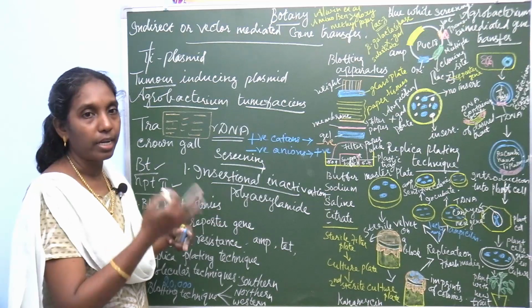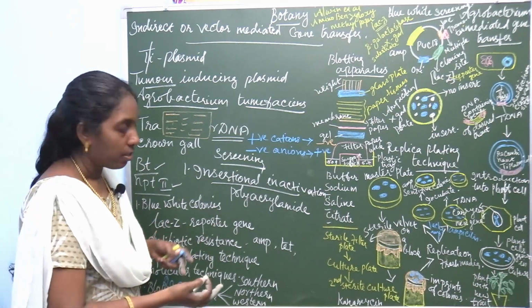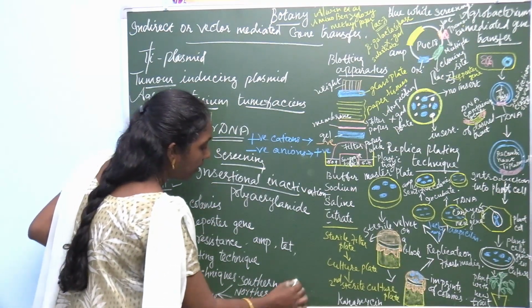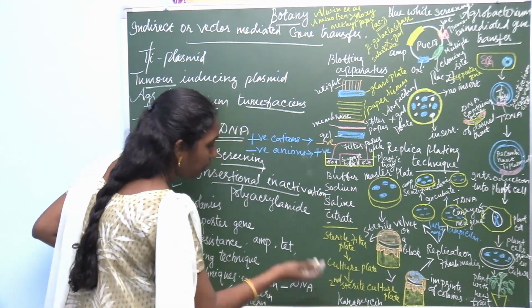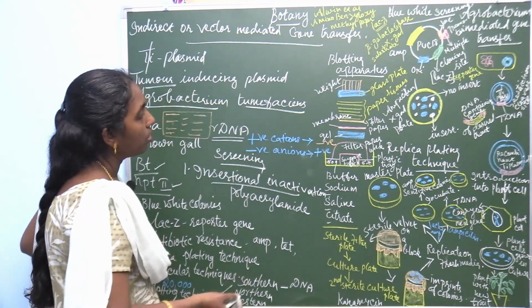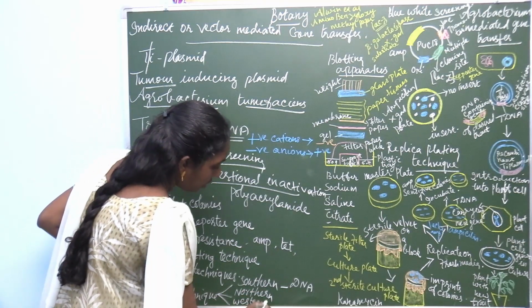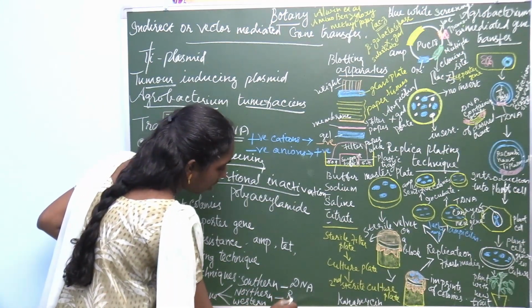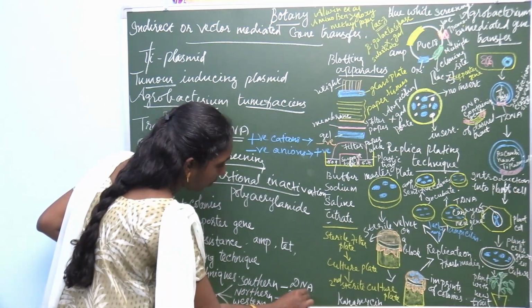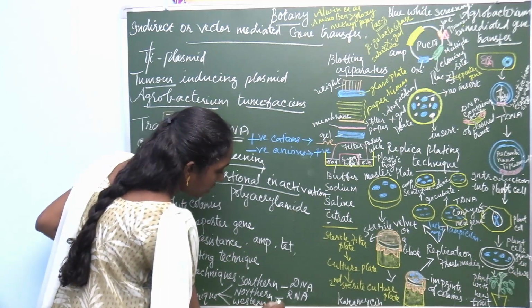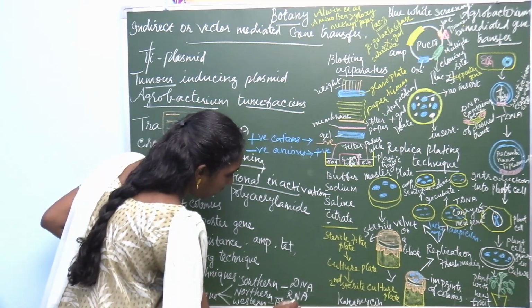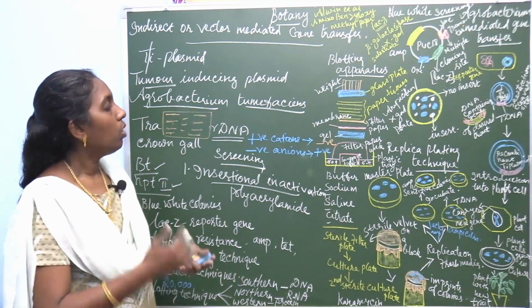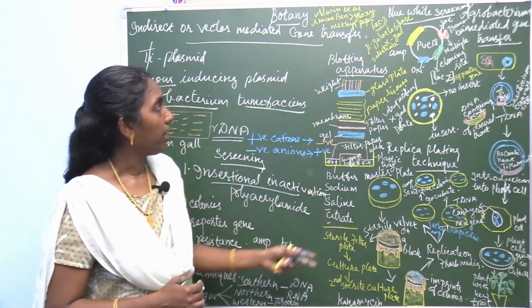Nitrocellulose is a nucleic acid binding paper. So in Southern, DNA is transferred from agarose gel to nitrocellulose filter paper, the northern method is the transfer of RNA, and the western is the transfer of protein. Now, what is the procedure of this blotting apparatus?